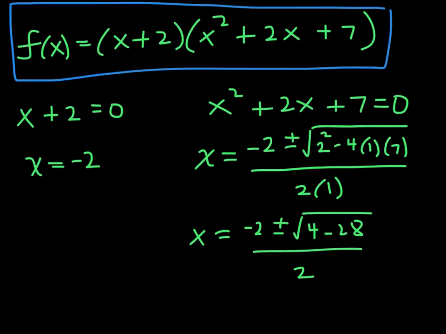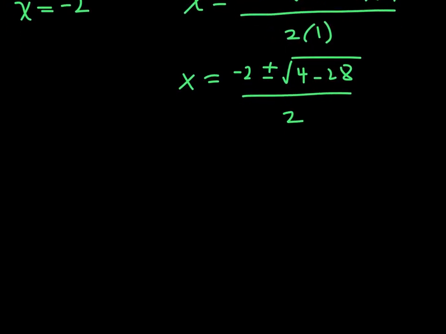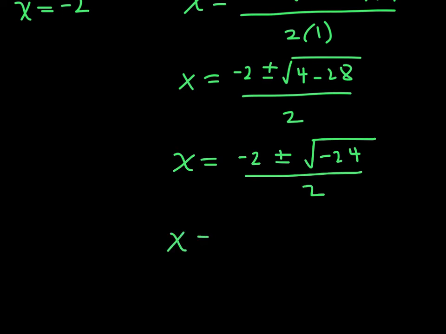We need to move down here. And then this means x is equal to negative 2 plus or minus the square root of negative 24 all over 2. Now, a lot of simplifying here. Let's see. 24 can be rewritten as a product of two factors where one of them is a perfect square.